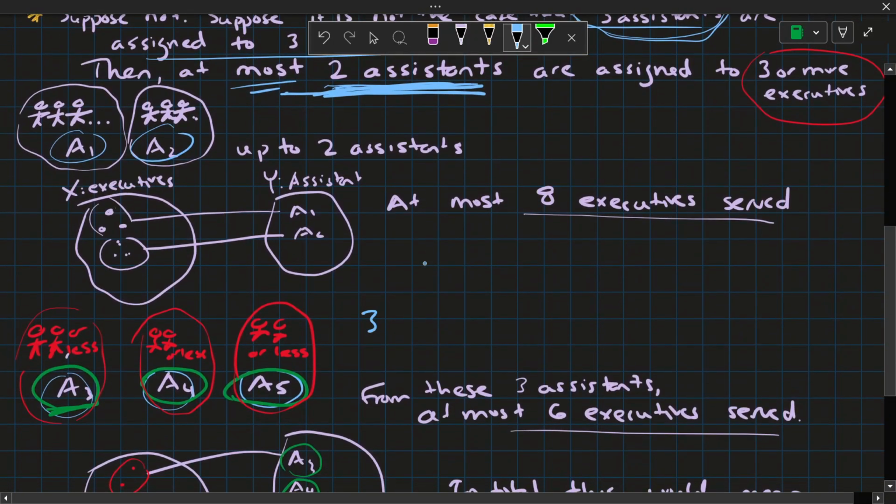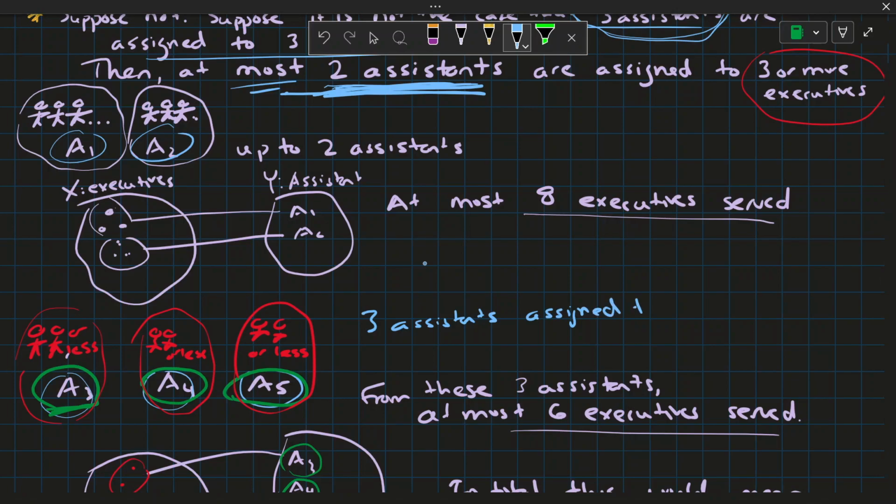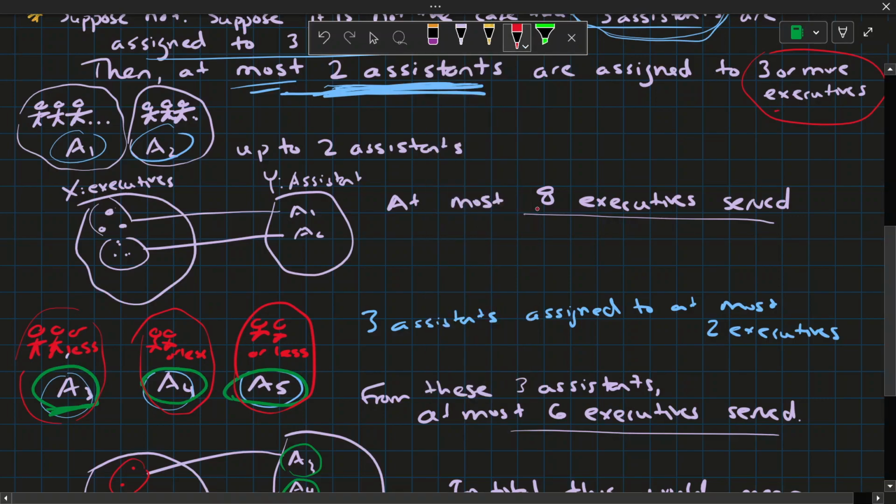Those 3 assistants are assigned to at most 2 executives, because we're basically dividing up the assistants into those who are assigned 3 or more executives, and those assigned the opposite of that, which is 2 or less.